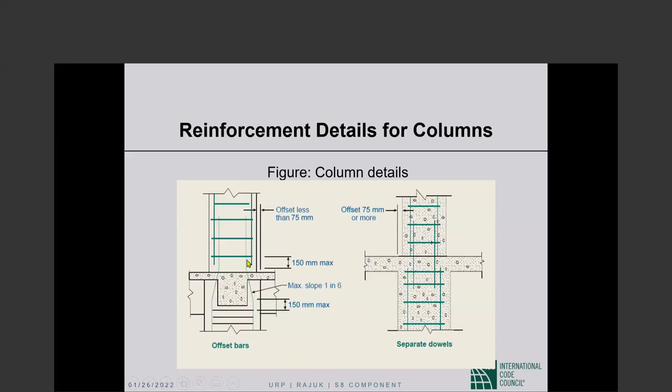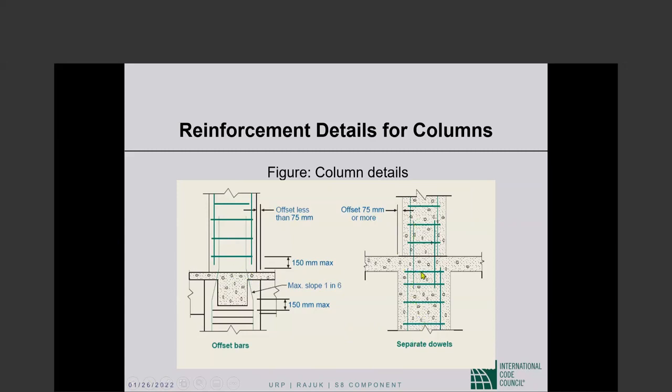And in the upper column, you will start the transverse reinforcement also 6 inches above the slab. Okay, this is where you will start. If the offset is more than 3 inches, then you cannot bend the column bars. Then you have to have dowels.